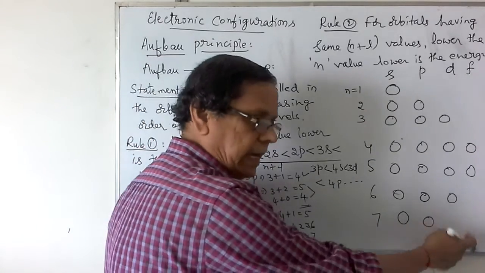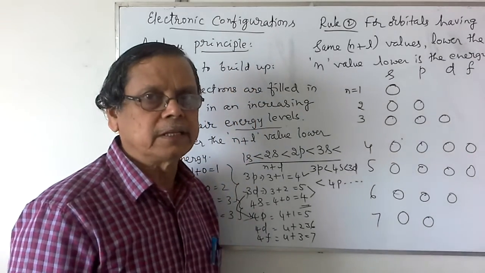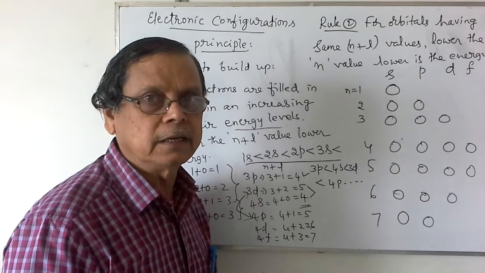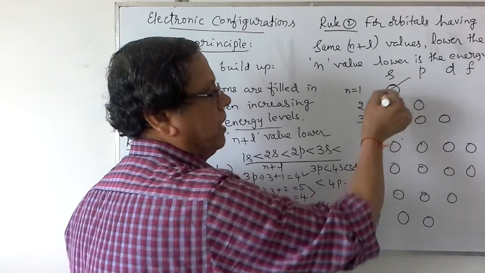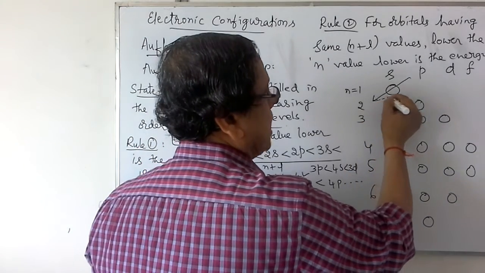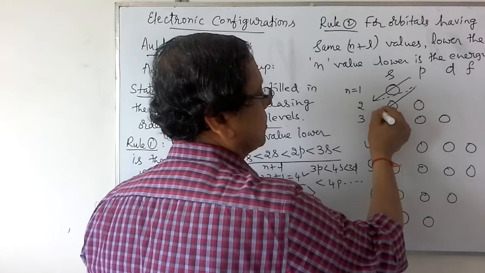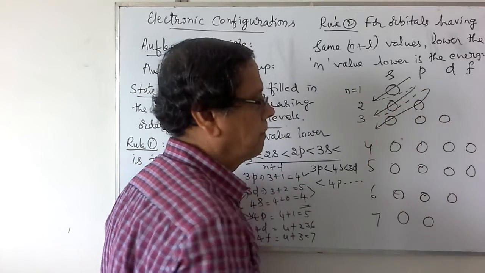The higher ones we can write, but they are not needed as far as the existing elements' electronic configuration is concerned. Now you consider this 1s. It is having the lower energy as compared to this 2s. Again you consider this 2p, 3s.